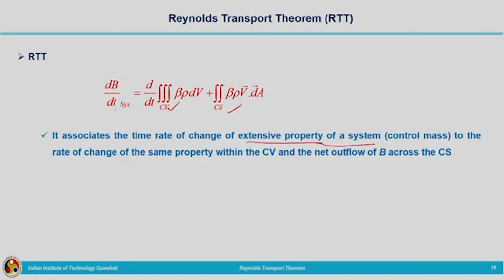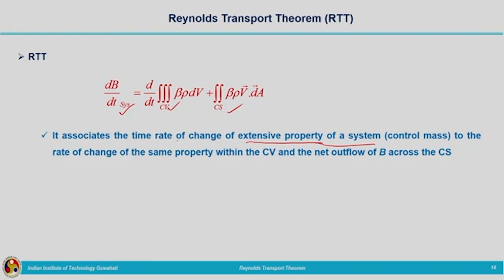You look at the left hand side, it is something related to the system. System concept means it is based on the Lagrangian approach. And look at the right hand side. On the right hand side, we have something related to the control volume. Control volume approach is based on the Eulerian approach.